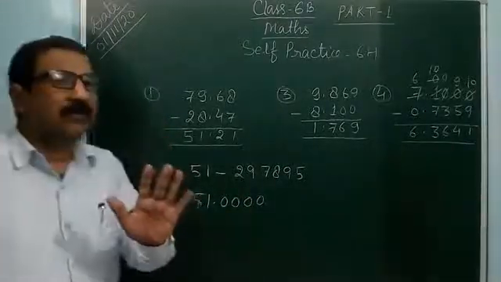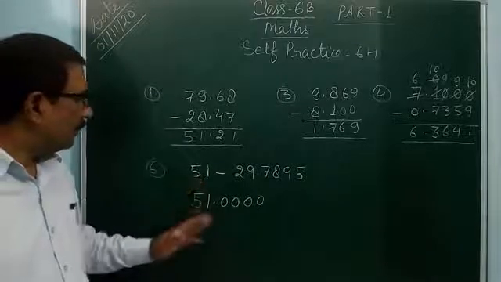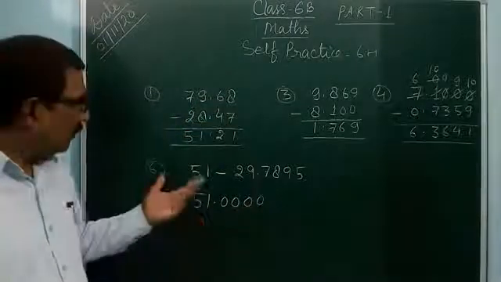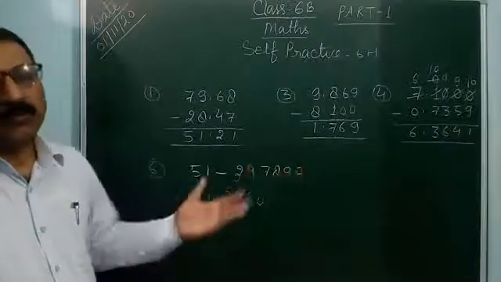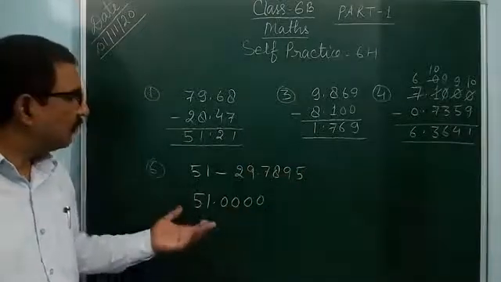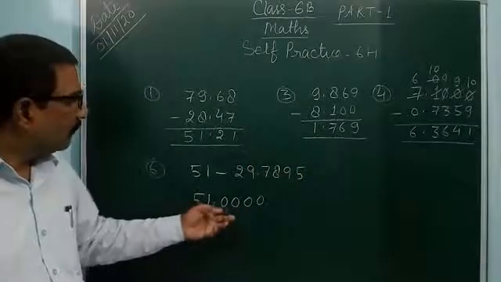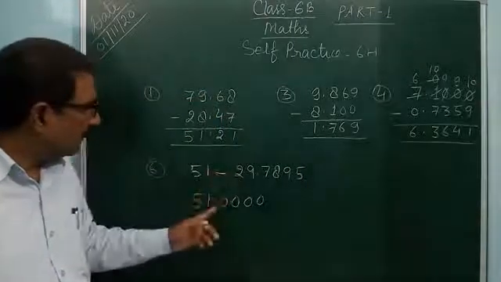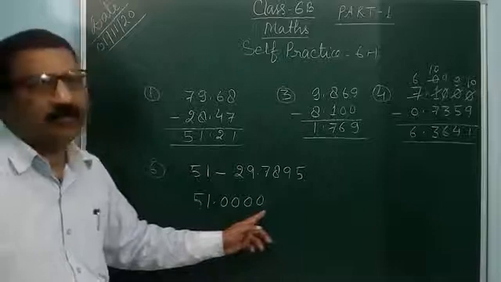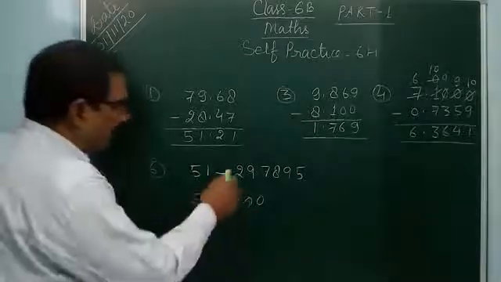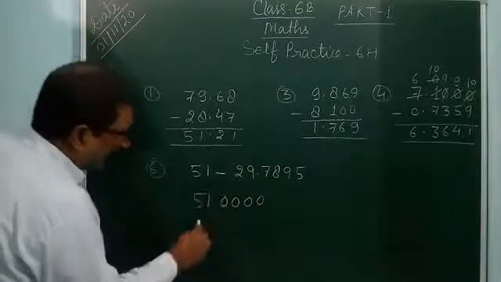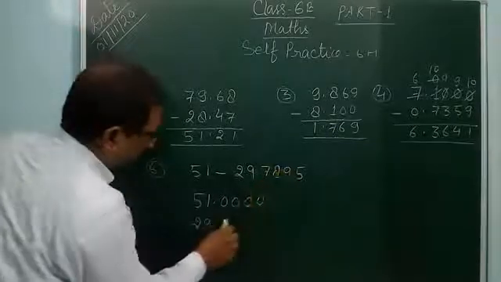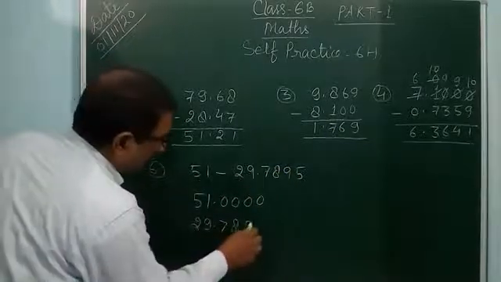There is no difference between 51 and 51.0000. Same thing. For our convenience, we can write 51 point, then 4 zeros after decimal. After that, you arrange the whole number 29 like that. 29 here. Point 7895.